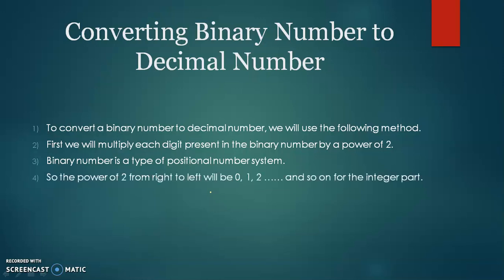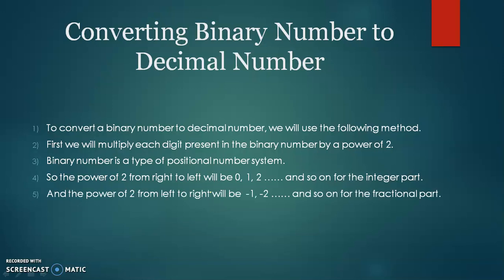So, the power of 2 for the integer part will be 0, 1, 2 and so on from the right hand side to the left hand side. And if your binary number has a fractional part, for that part the power of 2 will be -1, -2 and so on from the left hand side to the right hand side.